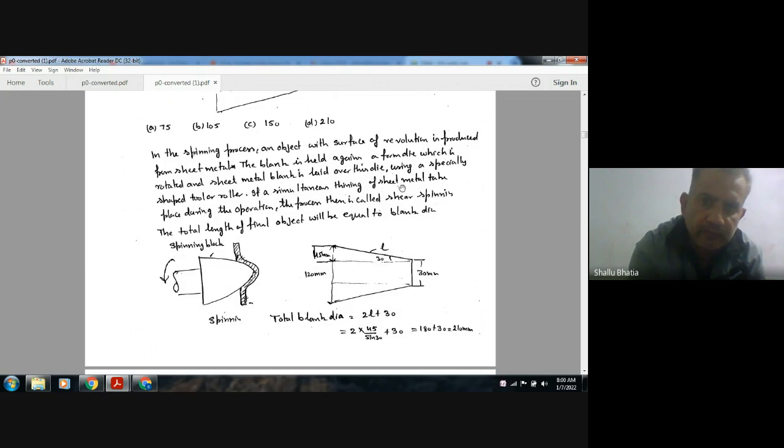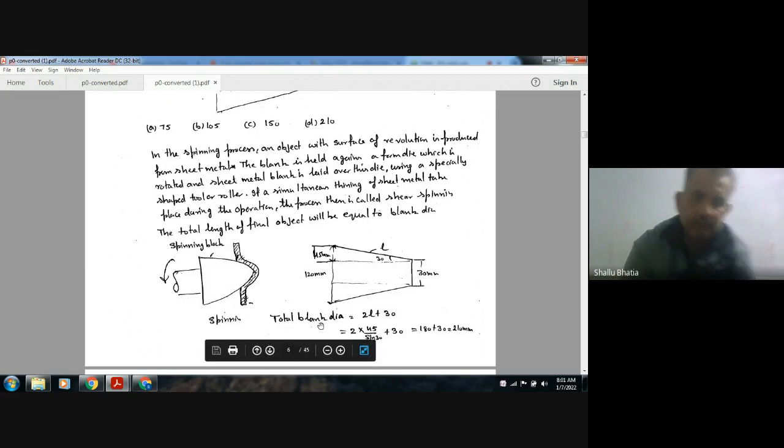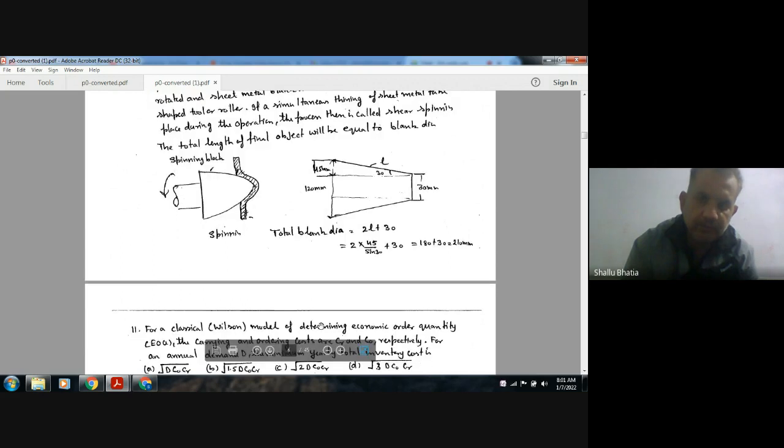If simultaneous thinning of the sheet metal takes place during the operation, it is called shear spinning. The total length of the final product will be equal to the blank diameter, the initial diameter. So the answer is 210.